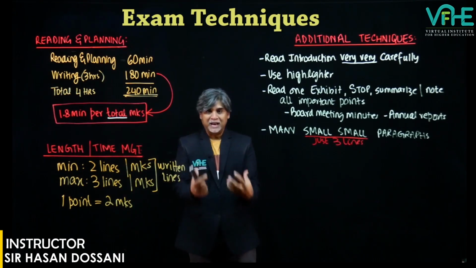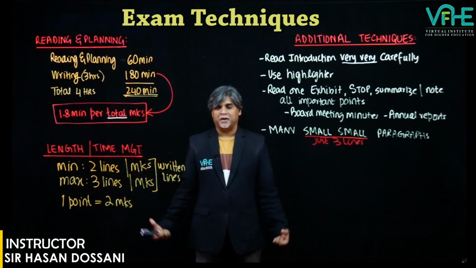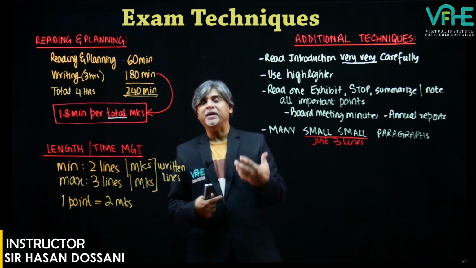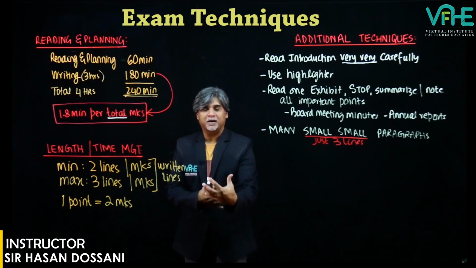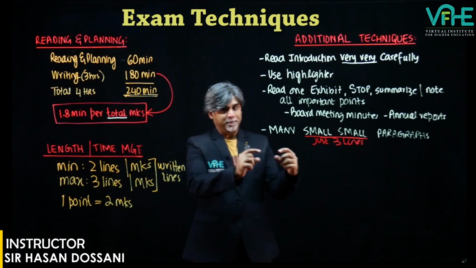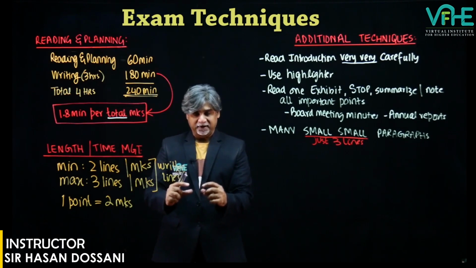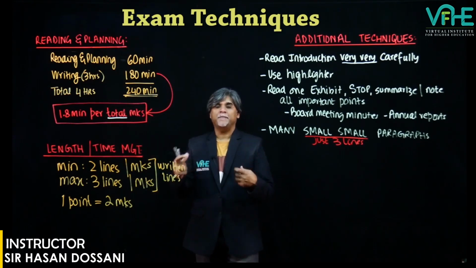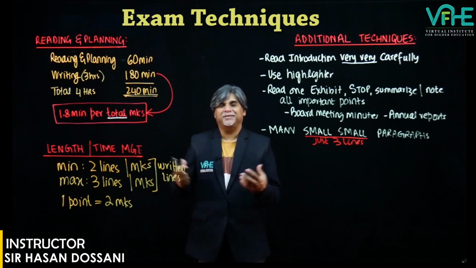So they don't like big paragraphs. They don't like paragraphs where more than 1 point is mentioned in one paragraph. They want just 1 point, 1 paragraph, another point, another paragraph, and so forth. And the size of the paragraph should not be more than 3 lines.